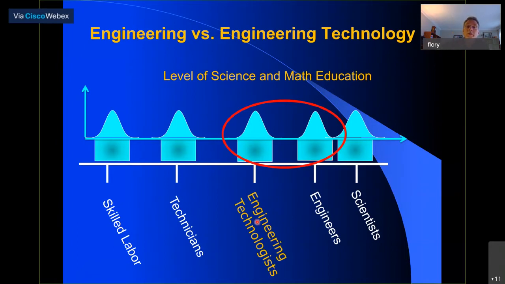So, engineering versus engineering technology, what about the math? Okay, because that's a common question that people have. Well, if you look at the engineering technology curricula and the engineering curricula, the first thing that should jump out at you is the difference in the math that's required.